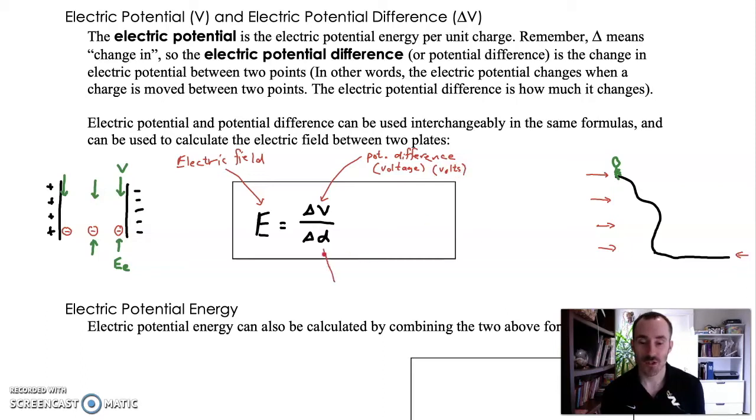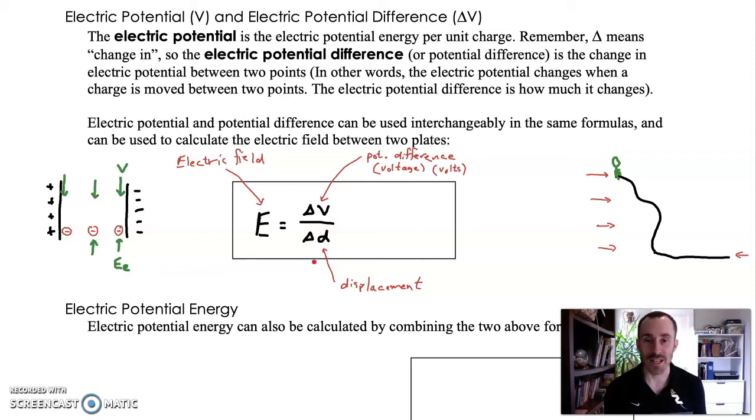And this change in D part over here is displacement. Now, we can think of that displacement in a couple different ways. We can think of it as the distance a charge is moved in an electric field and what the potential difference is between those two positions, or as the separation between two points.